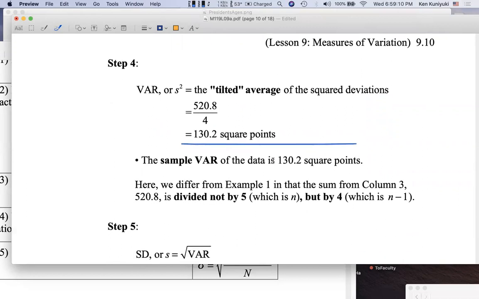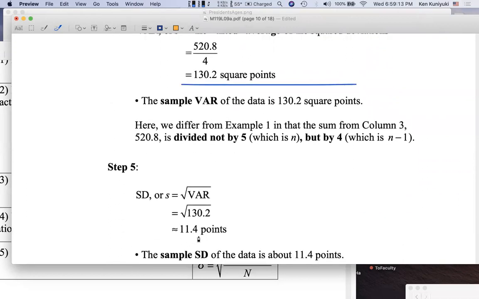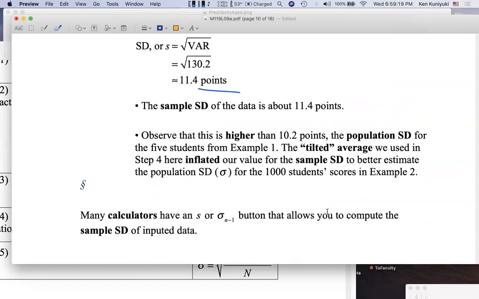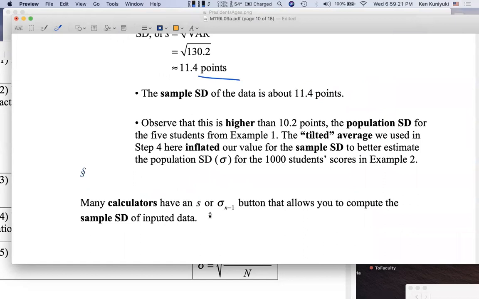The square root of that is about 11.4 points, the regular unit. All right. On a calculator, you might see an S, or this weird symbol, sigma sub n minus 1. I think S is a better symbol, but that calculates sample standard deviation if you input data.